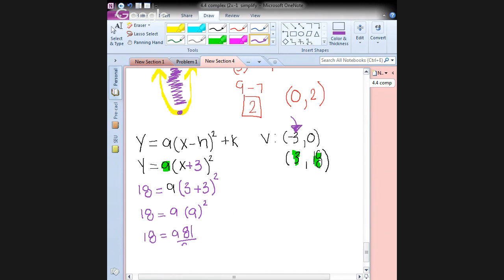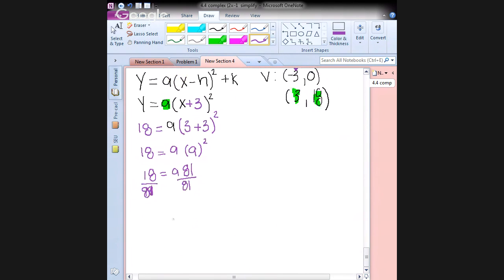I'm just going to divide both sides by 81. So I get that a is equal to 18/81, and I can simplify that. I'm going to divide both 18 and 81 by 9. So on the top, I get 2/9.